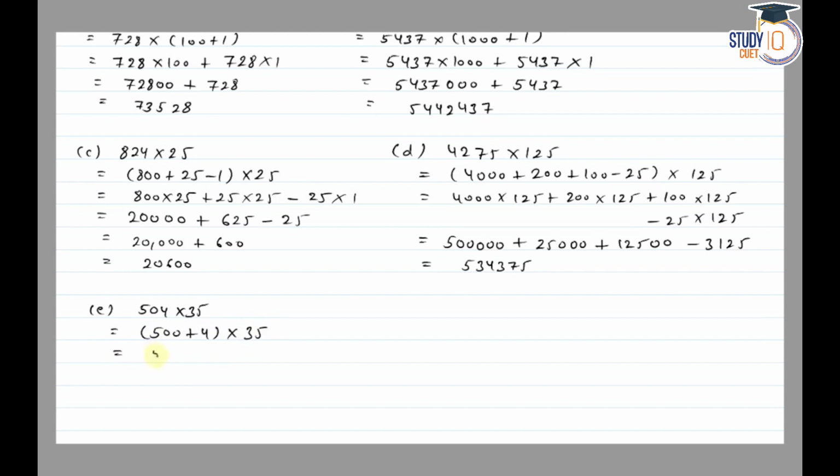So by using distributive property, 500 into 35 plus 4 into 35. So प्रोडक्ट हो जाएगा हमारा 500 इंटू 35 इज इक्वल टू 175,000 प्लस 35 फोर जा 140 का सम हो जाएगा हमारे पास 17,640. So that's our final answer.